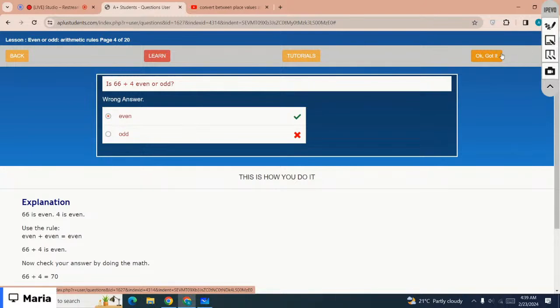Even. 66 plus 4 is 70 and 70 is an even number, sorry.